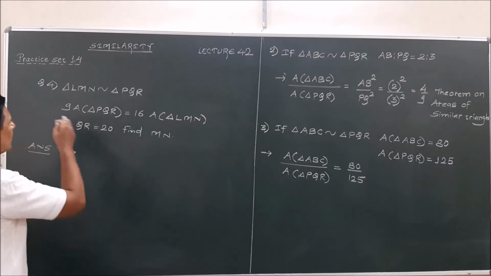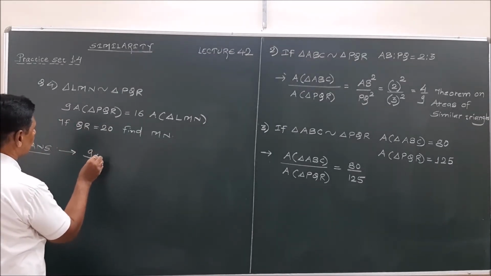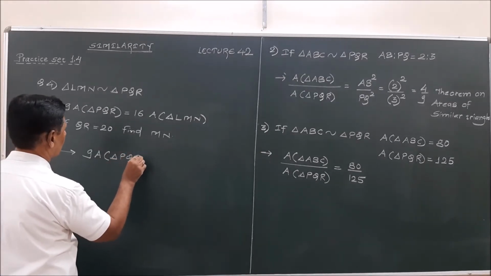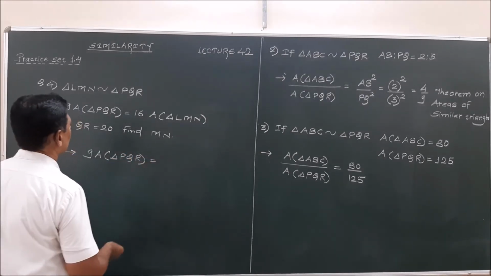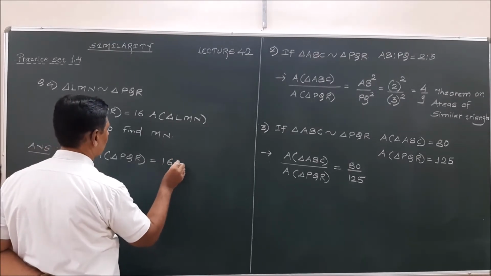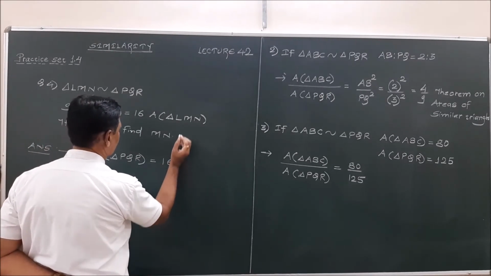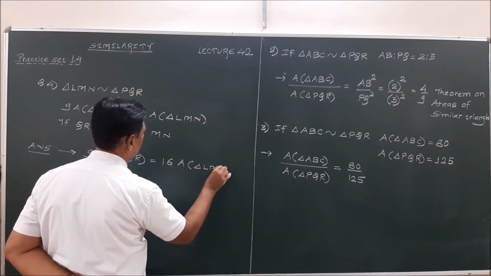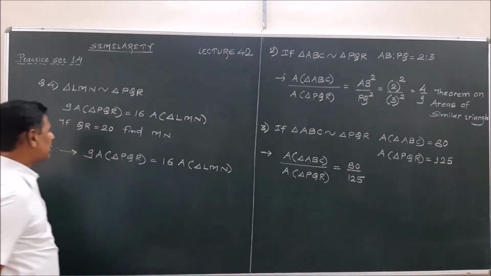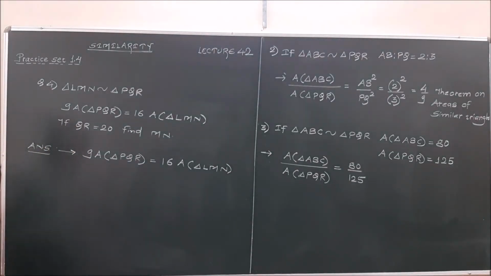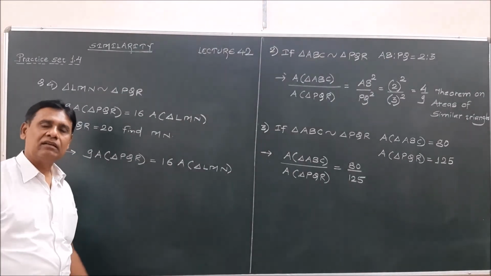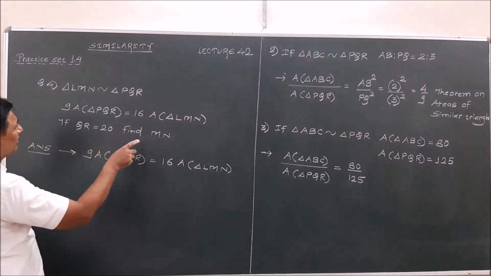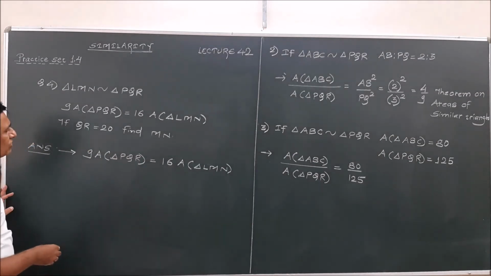So whatever is given, 9 times area of triangle PQR is equal to 16 times area of triangle LMN. Now please try to understand.